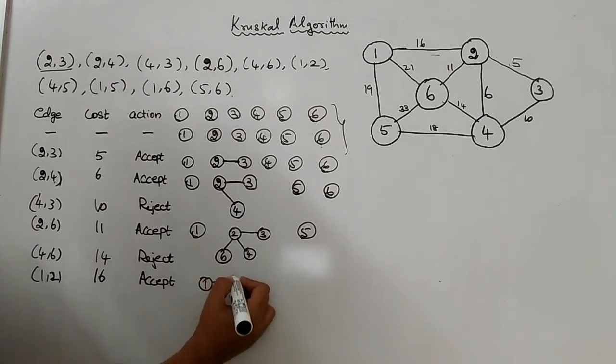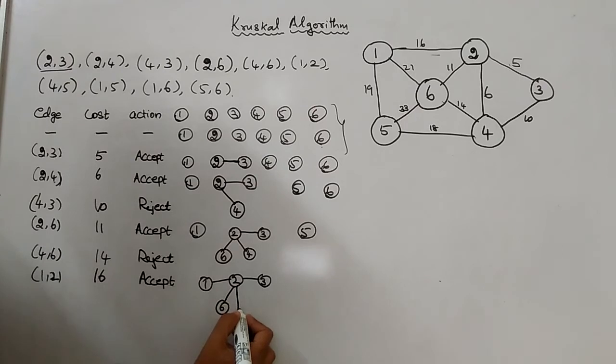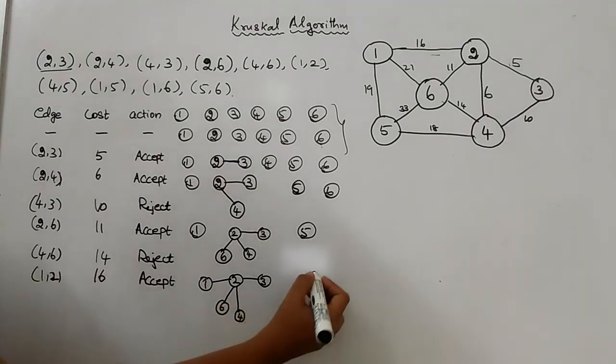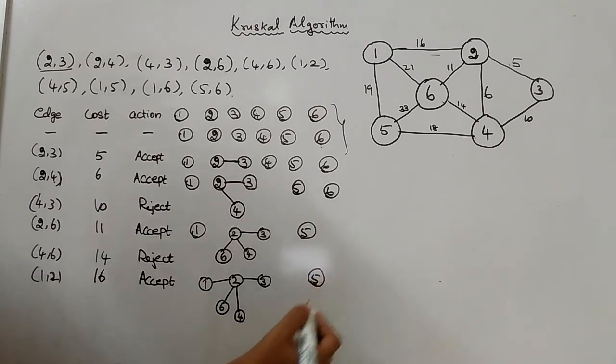So we will get the tree like this, with 6 here. Now consider that the vertex 5 alone is available.